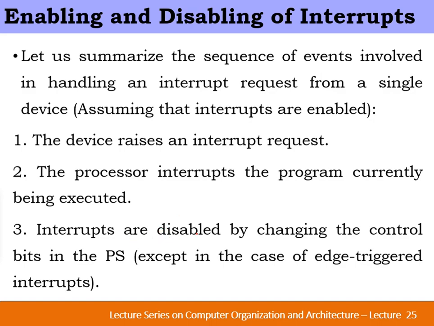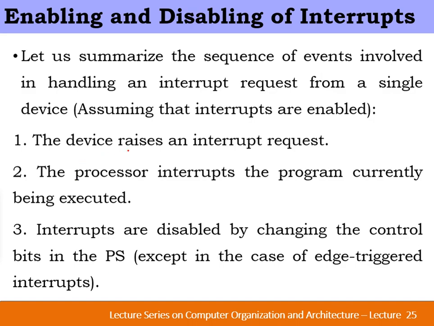Interrupts are disabled by changing the control bits in the program status register. In the special case we have edge triggered interrupts, the third option. Or else we can use the interrupt enable bit in the program status register, or execute the interrupt disable and interrupt enable instructions.